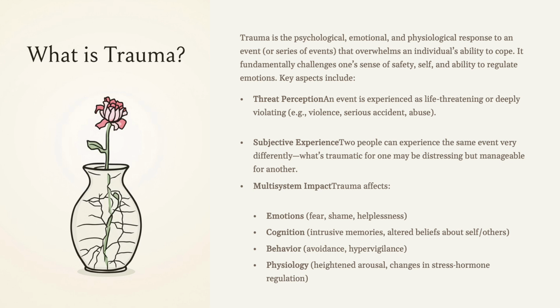It impacts a person's behavior: the avoidance, the isolation, maybe even hypervigilance and obsessiveness. It also changes physiology, for example heightened arousal. It changes some of the brain functions or brain structures. It changes hormones and how much or how little is regulated in the brain and throughout the body.